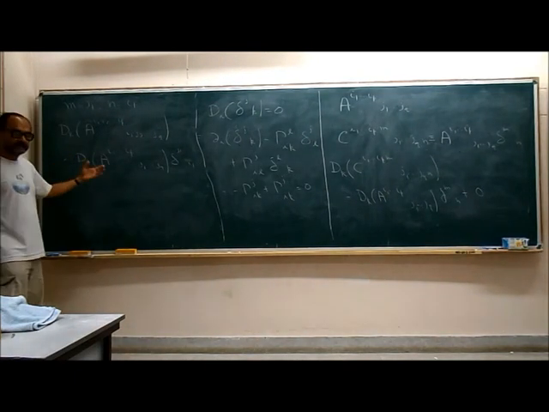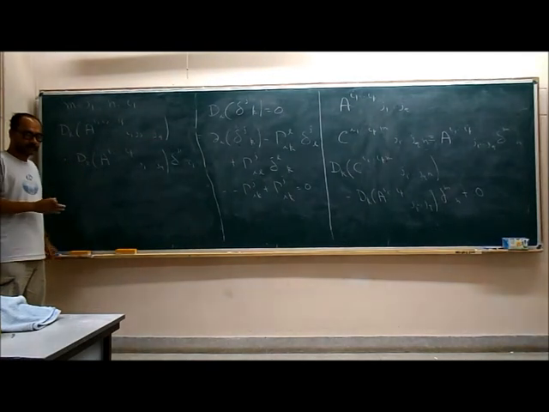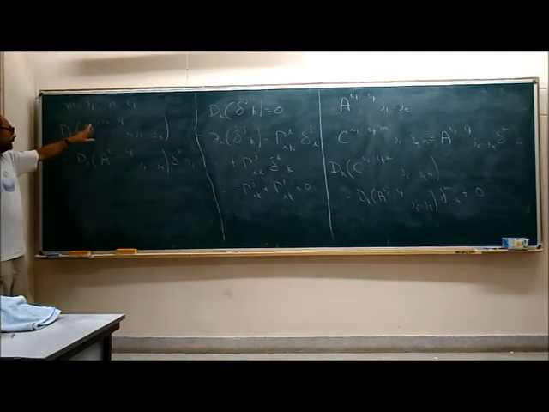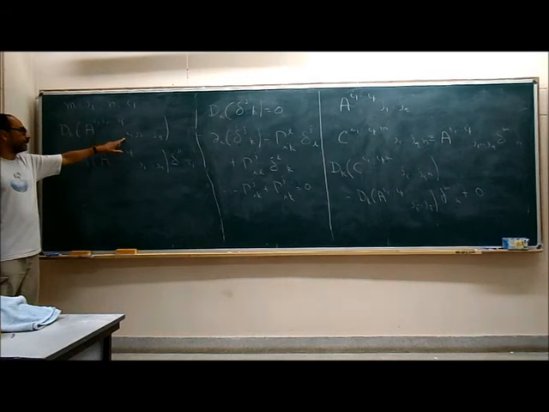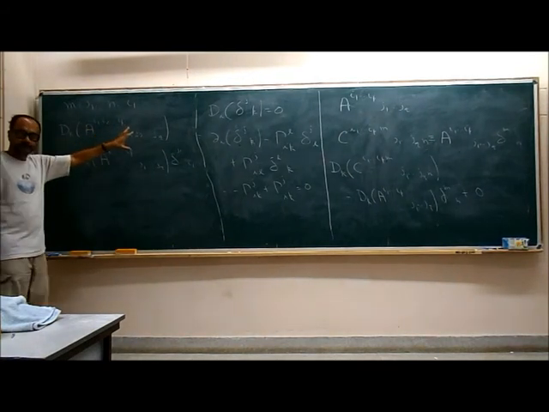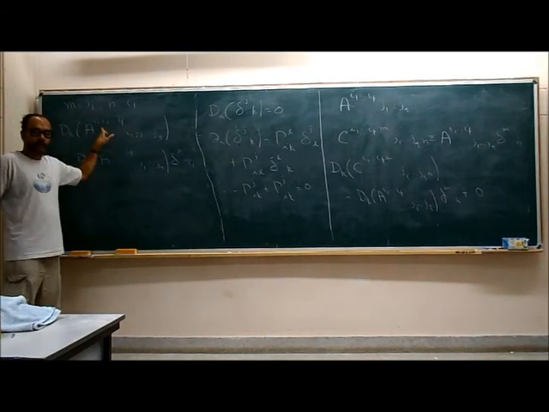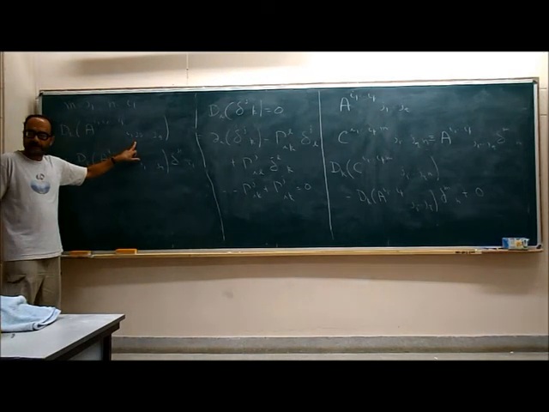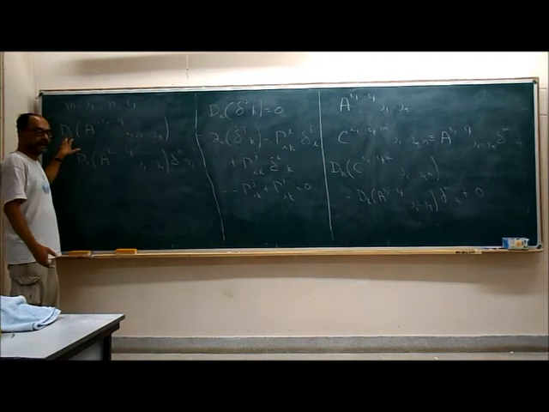So this is the relation I think probably you wanted to use. Here what have I done? I have taken a tensor of rank (p, q). I have contracted one index, so it becomes a tensor of rank (p minus 1, q minus 1). Then I took the covariant derivative.